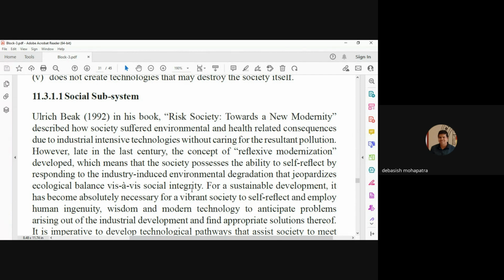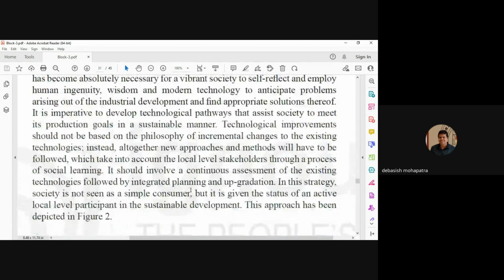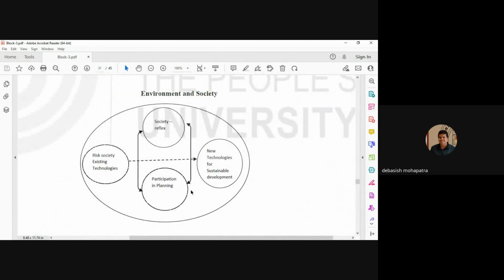However, late in the last century, the concept of reflexive modernization developed, which means that society possesses the ability to self-correct by responding to industry-induced environmental degradation that jeopardizes ecological balance and societal integrity. So: risk society, existing technology, new technology for sustainable development, social reflexes, and participation in change. All these are interrelated.